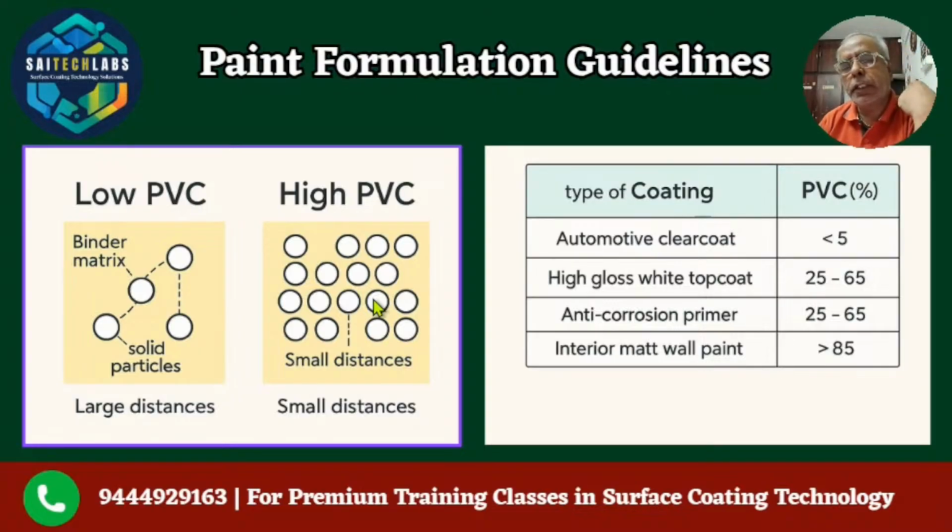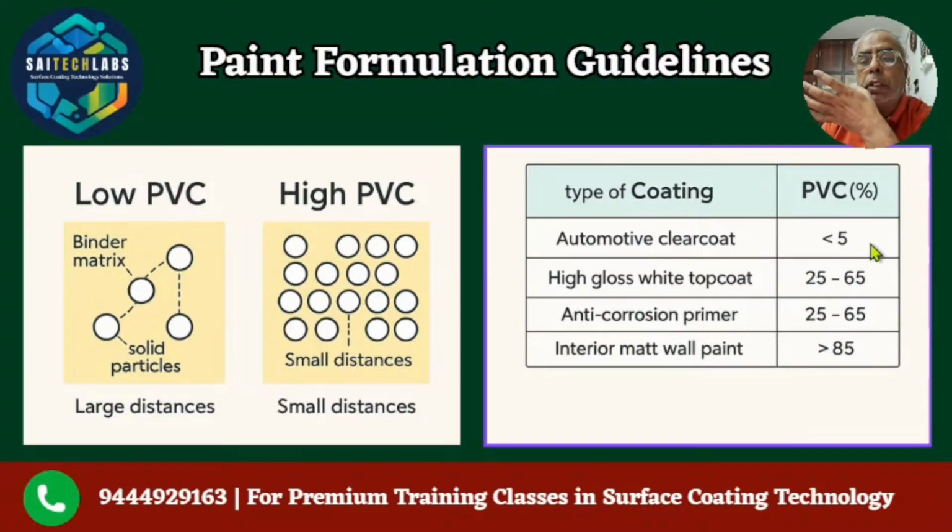And as I already suggested, you can classify the type of coating based on the pigment volume concentration. For example, in the case of automotive clear, there is no pigment at all. Of course, I may put some ingredients, and because of that it may have some particles here and there. So the PVC is less than 5% in any automotive clear coat. But at the other end, in interior matte wall paint, it exceeds 85 percent.